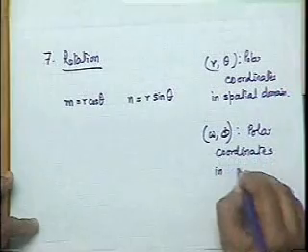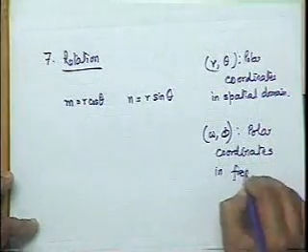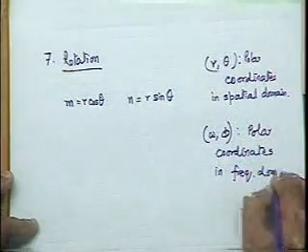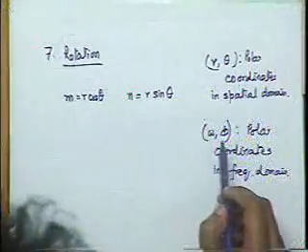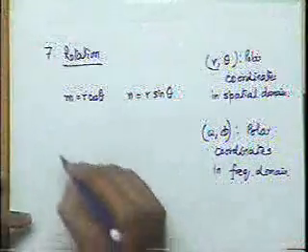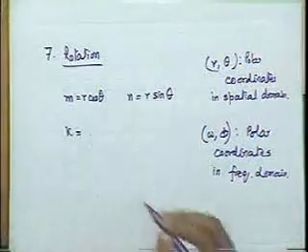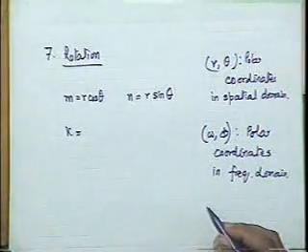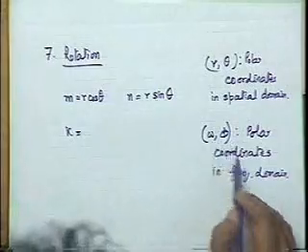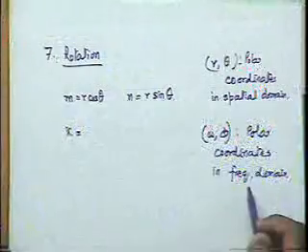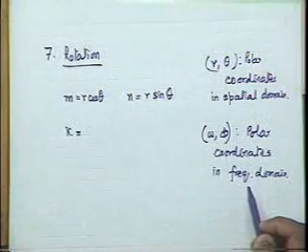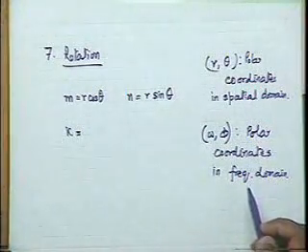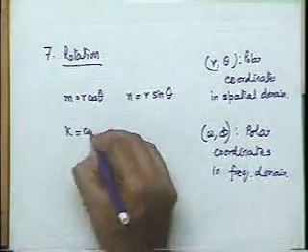So, how are omega and phi related to k and L? Omega and phi are the polar coordinates in frequency domain, and k and L are the Cartesian indices in the frequency domain. So, simply k is omega cos of phi and L is equal to omega sin of phi.